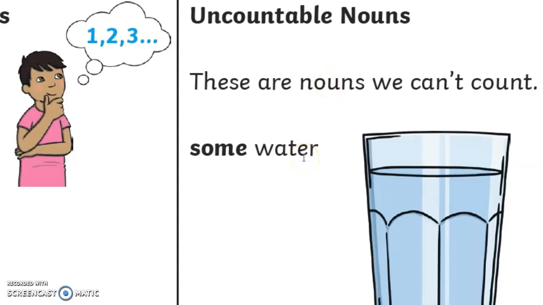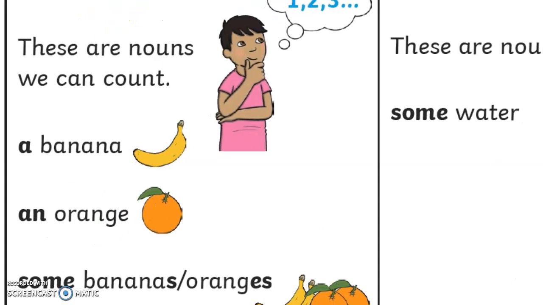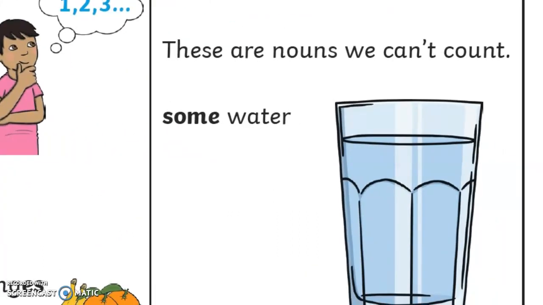Second, they can never be used in plural. We cannot say waters. It's completely wrong. Water is water. And we cannot say a water because a means 1 and we cannot say 1 water. We just say some water or simply water without anything.